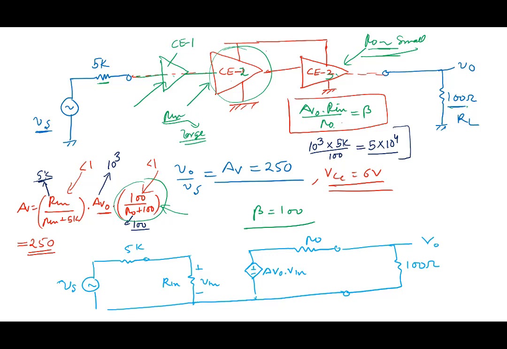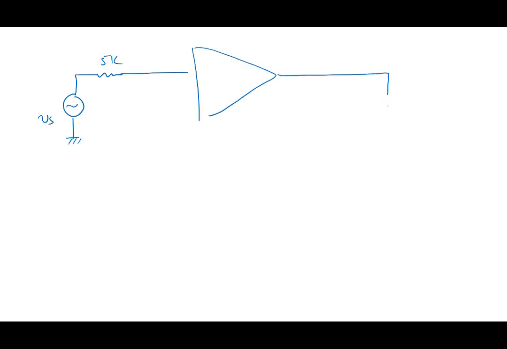Many times what happens is, say somebody asks you for a good design. Let me draw this again: Vs and 5K, design an amplifier, and the load is 100 ohms, and give me a gain of 250.